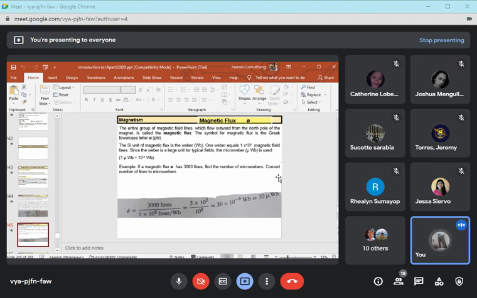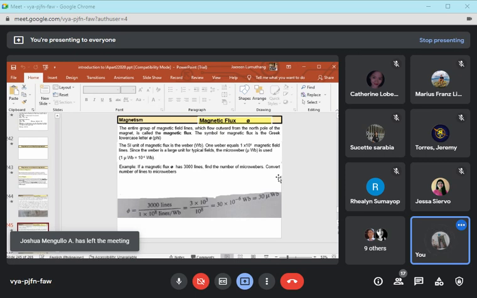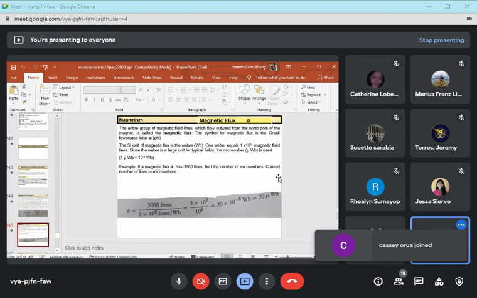If a magnetic flux, phi, has 3,000 lines, find the number of microwebers. So convert the number of lines to microweber. We're looking for the flux, so this is how you do it: lines over lines per Weber.